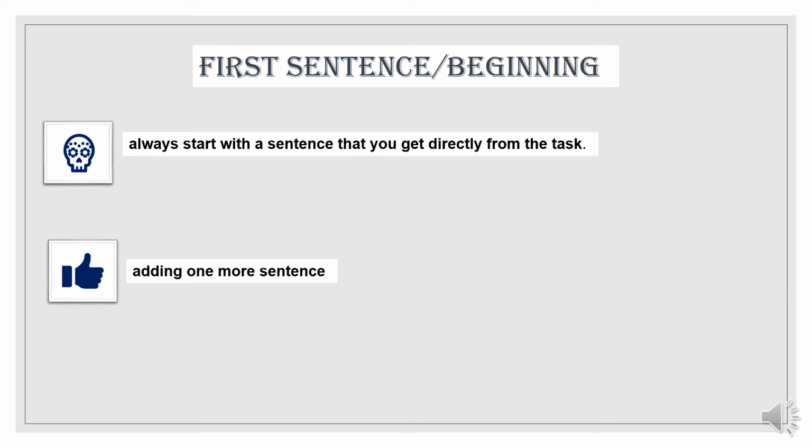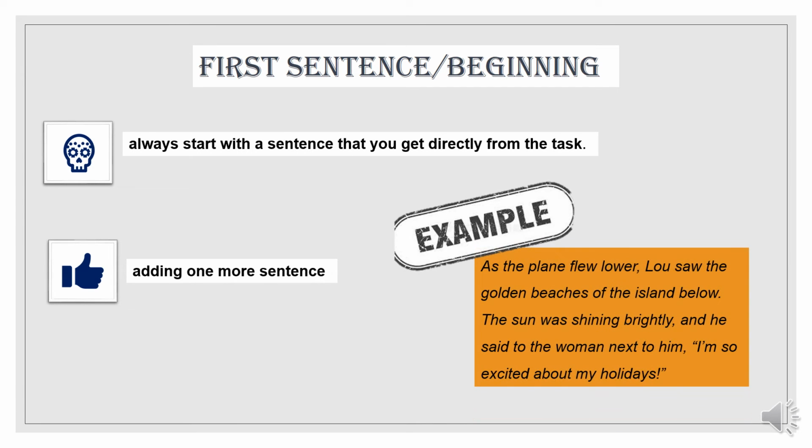For example, in our task, this could look like this: "As the plane flew lower, Lou saw the golden beaches of the island below. The sun was shining brightly, and he said to the woman next to him, 'I'm so excited about my holidays.'"